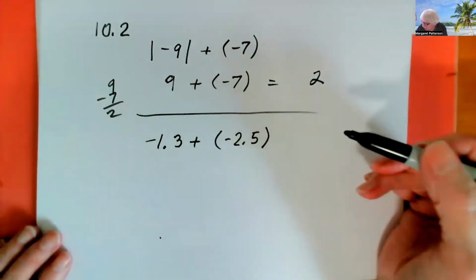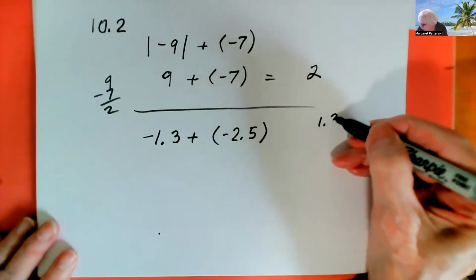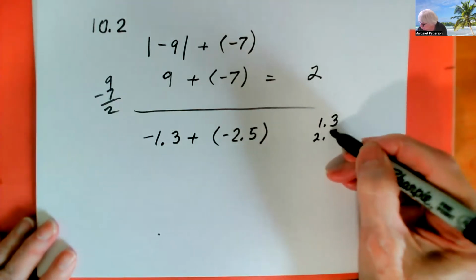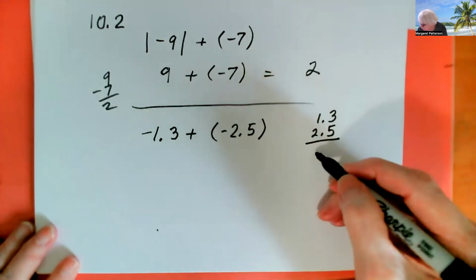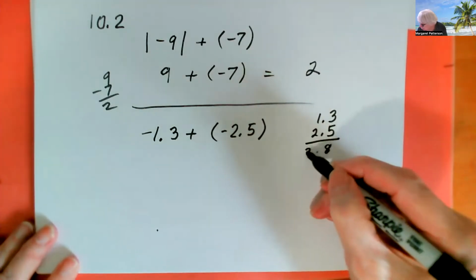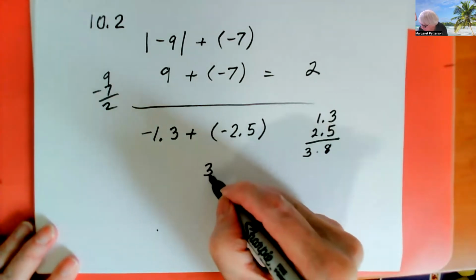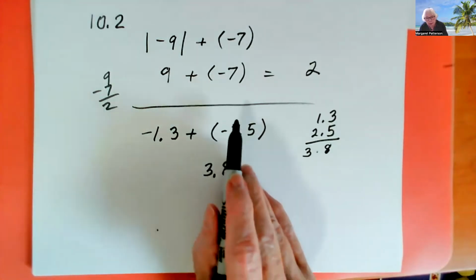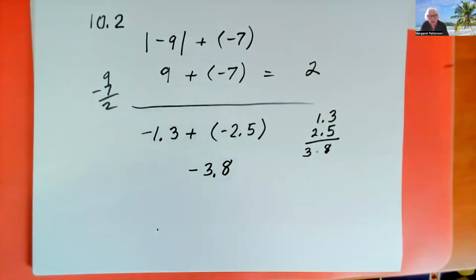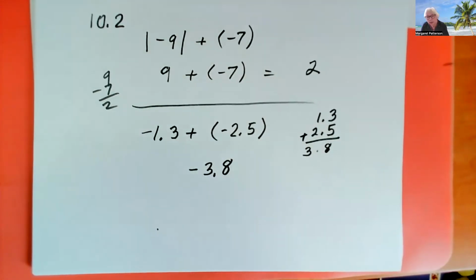So we end up adding 1.3 and 2.5. And so when you add them, that's an 8 and that's a 3. So I'm getting 3.8. But remember, these are both negative. So this sign, it keeps it negative. Notice that this was addition. I added the two because the signs were the same.